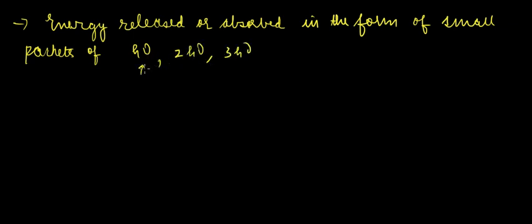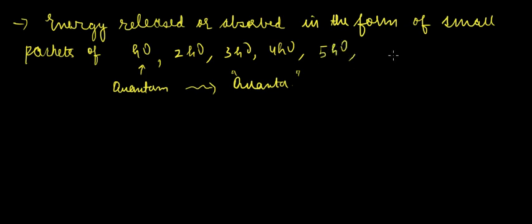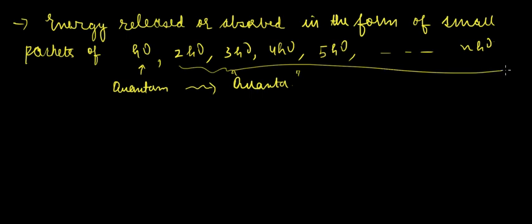This would be the energy of a quantum, and from now on these would all be quantums, or quanta rather: 3 h nu, 4 h nu, 5 h nu up to n h nu. These all will be quanta. So this n can't be a fraction.